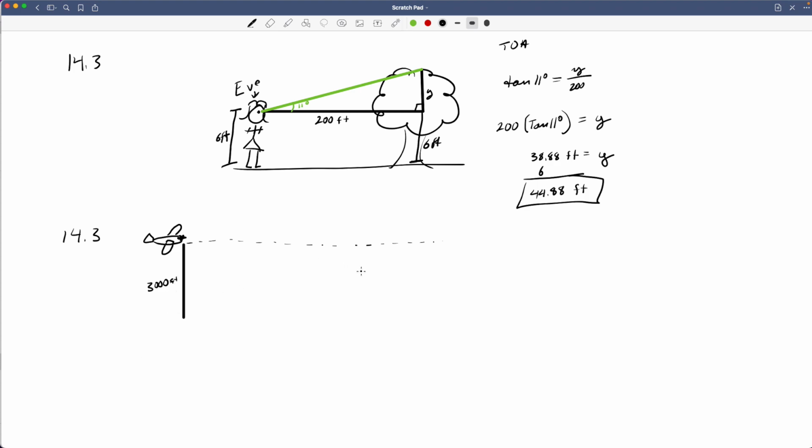And he looks down and notices that there is an object at a 26 degree angle of depression from him. So there's some little object. Maybe he's flying out over the water, and there's somebody in a life raft going, save me, I'm drowning.